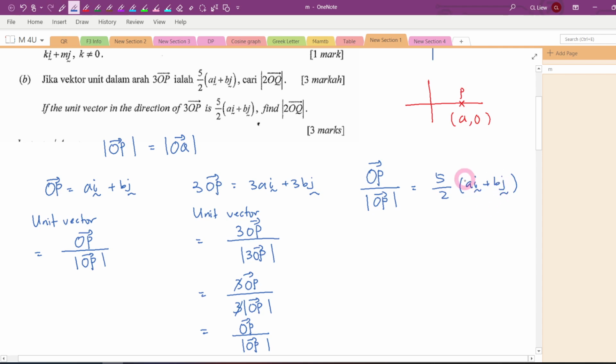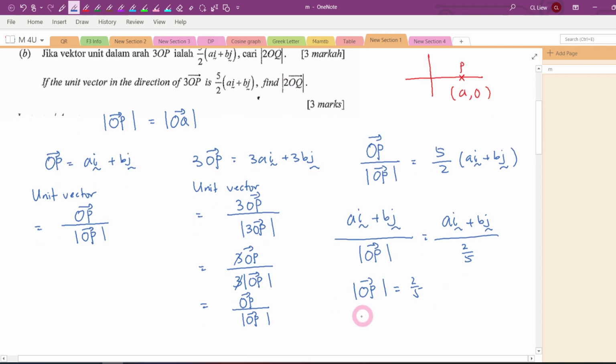Can I change the way of writing this? This is OP, and OP is ai plus bj, and this is the magnitude of OP. Let me change the way of writing it: it becomes ai plus bj, and 2 over 5. By comparing both sides, you know that the magnitude of OP is 2 over 5. Now the question asks us to find the magnitude of 2OQ.